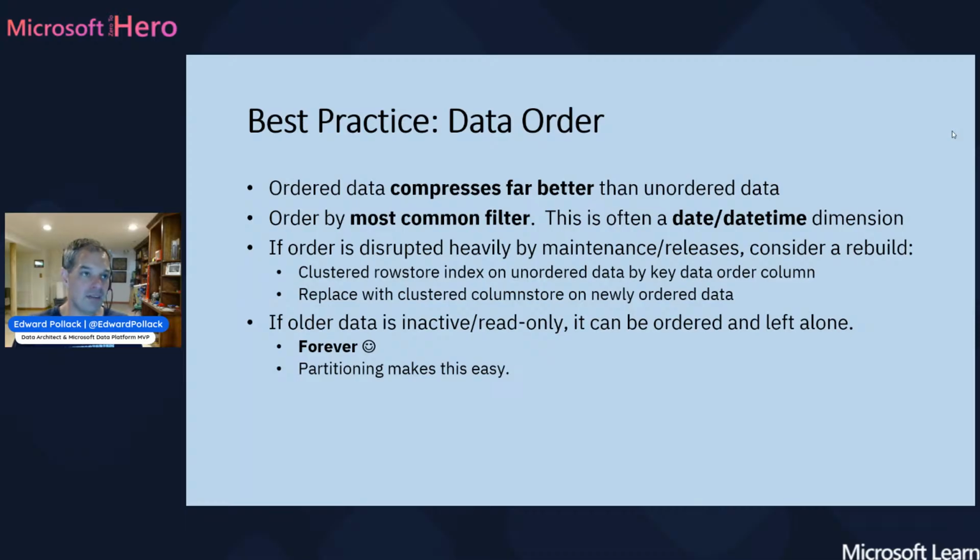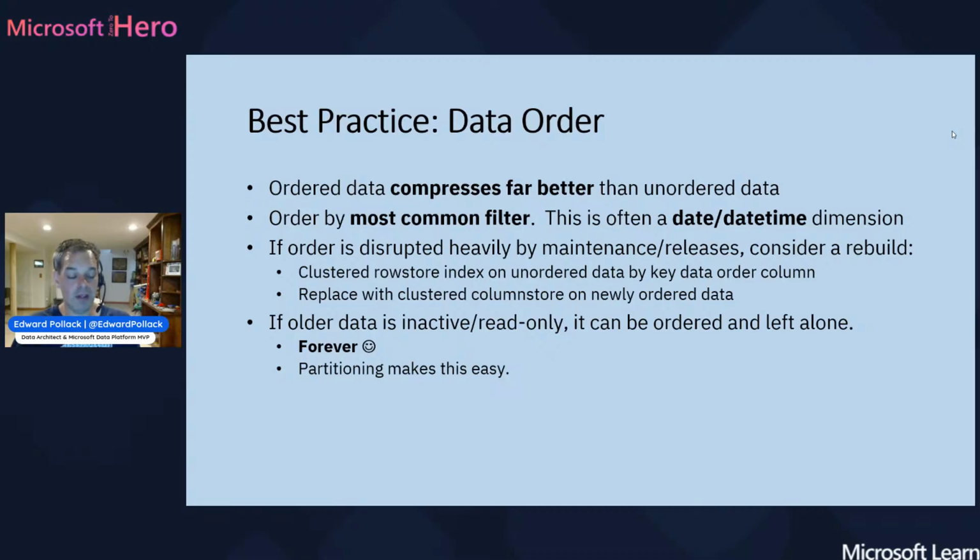All of my sales or marketing or customer data, whatever, all my data from today is more similar to data from yesterday than it was from data a month ago or a year ago or 10 years ago. Therefore, if you order your data by date, almost always the most common ordering column will be date or date time, you will see better compression ratios by a significant amount.